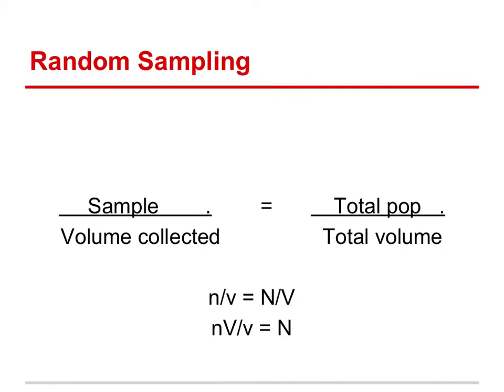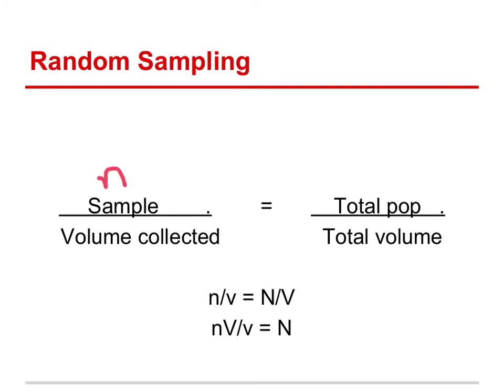In order to take a sample and calculate from that sample the entire population size, we're going to use a certain formula. So make sure to write this formula in your notes. The formula that we'll use is that you'll take a sample, the number of organisms that you've chosen in that sample, which will be the subset of the population. That sample will be represented by the lowercase n.